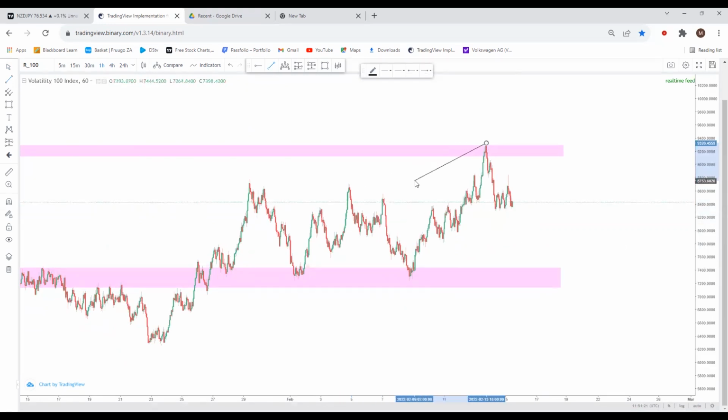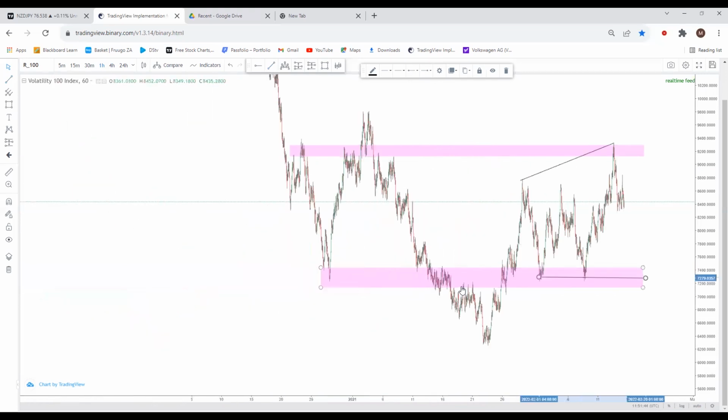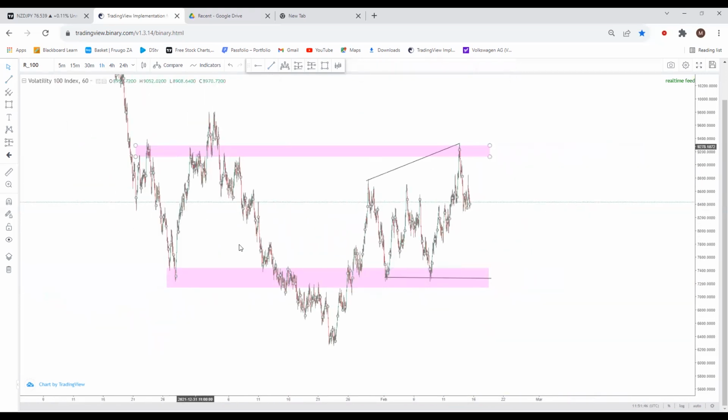So we are going to draw a structure, and as you can see, this is my support. Counting the number of touches on the support, it is just 2: first touch, second touch, and now we're anticipating the third one on this head and shoulders formation in bigger time frames.